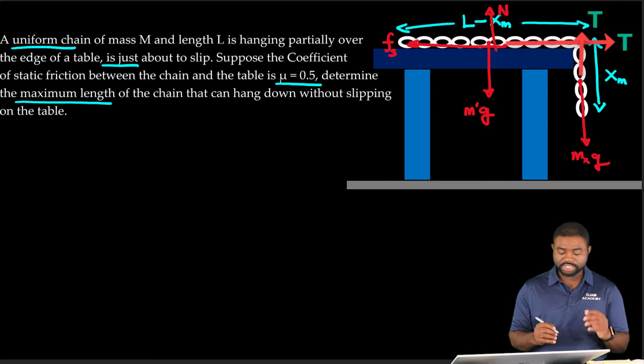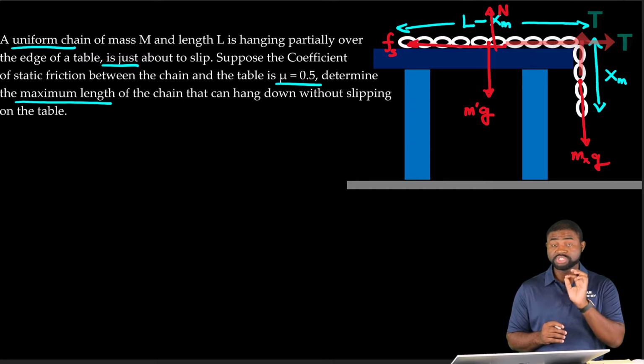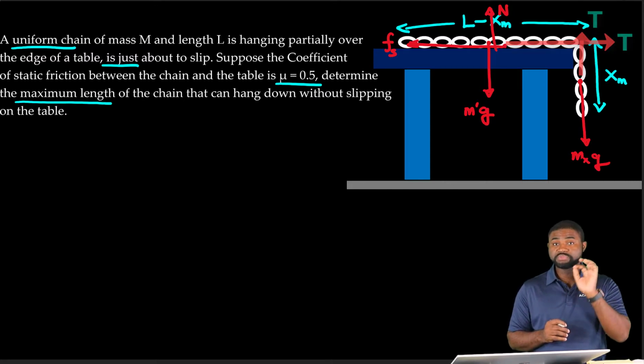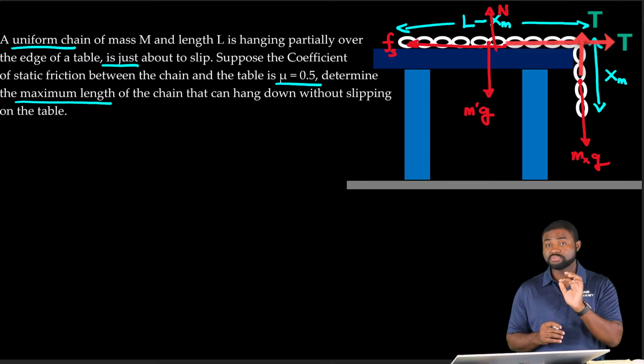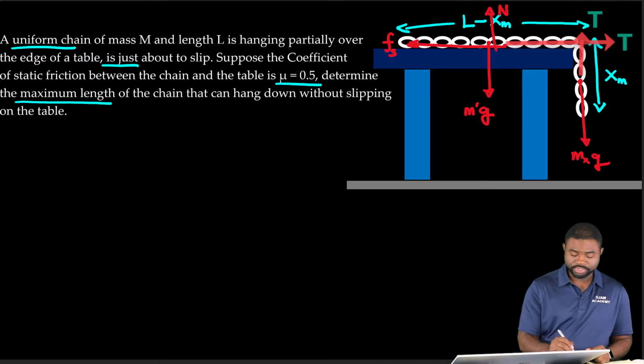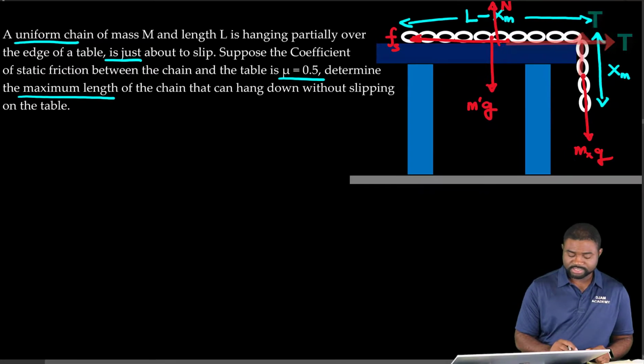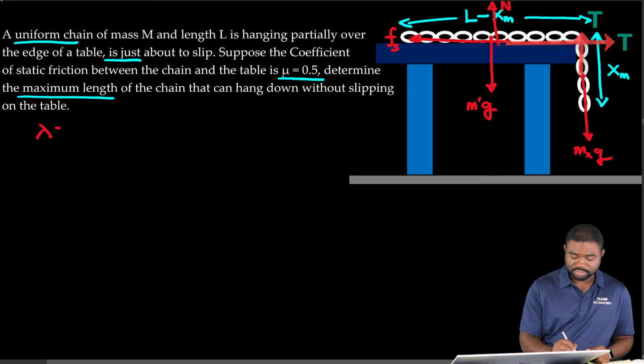So the very first thing that you need to take note of is that the chain is uniform. What does that mean? A uniform chain has a constant uniform linear density. In other words, the linear density of the chain, lambda, is constant.